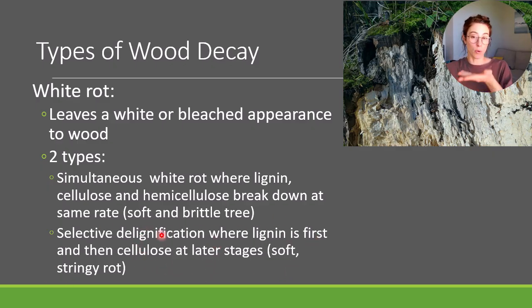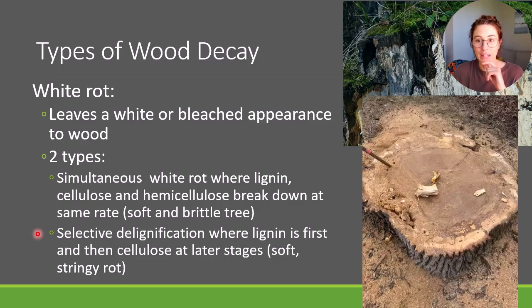This is what most people who have dealt with white rot will think of. It's a little bit less rare than the simultaneous white rot. However, it's good to note that white rots can kind of flip back and forth between these two, particularly in advanced stages.